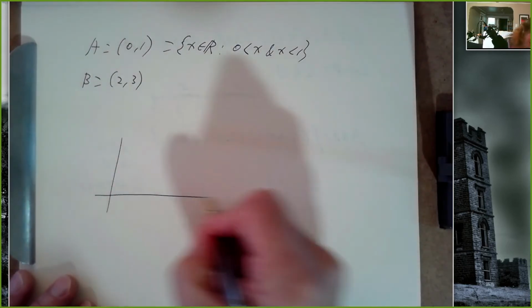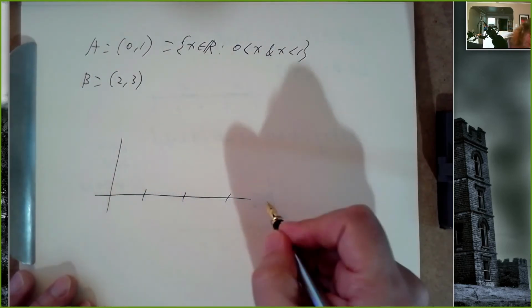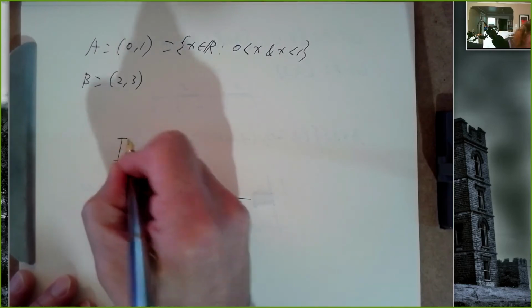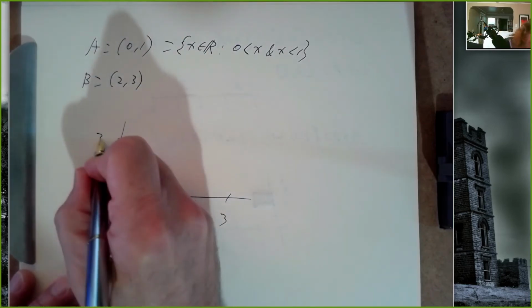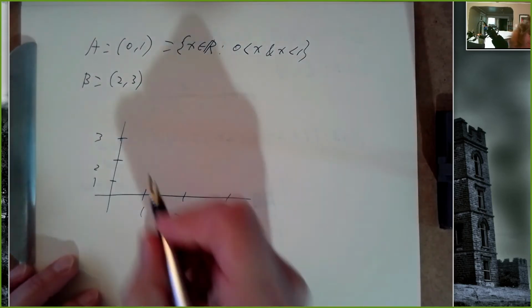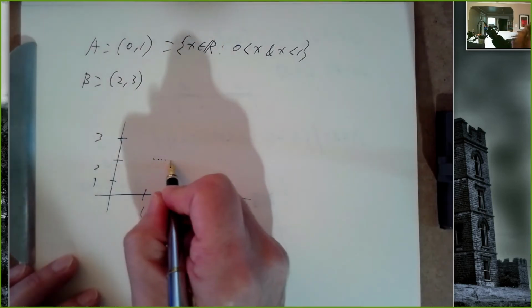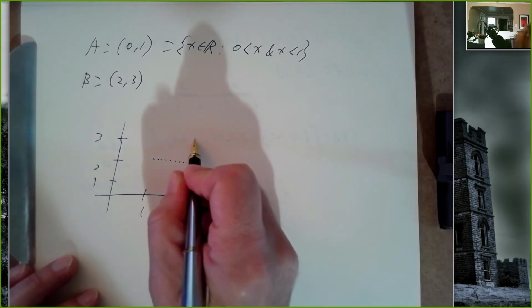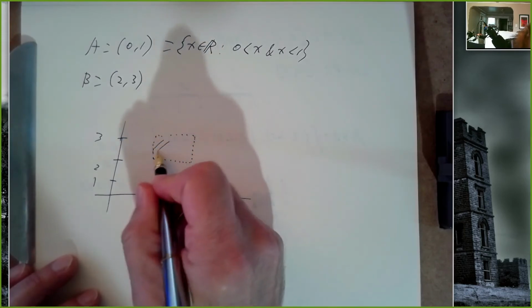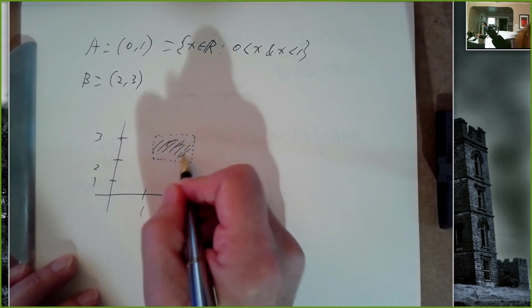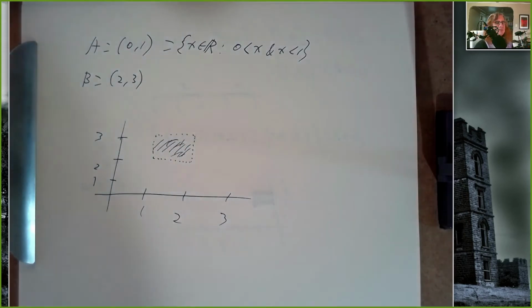Well, now if we want to draw the cross product, what we're going to end up with is what we call an open region. It's going to include everything in here, but not the boundary of that rectangle.